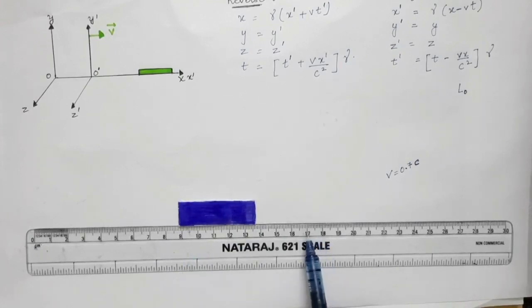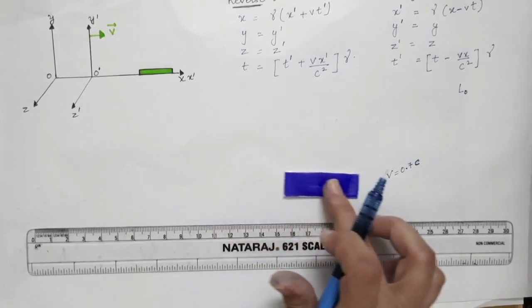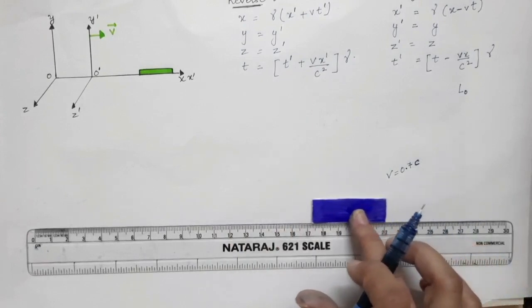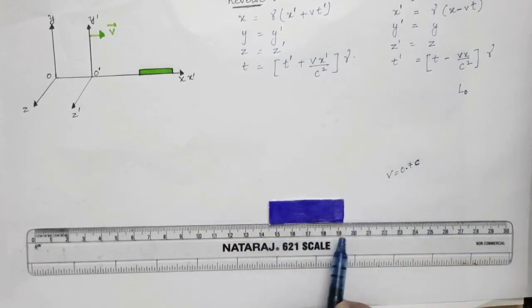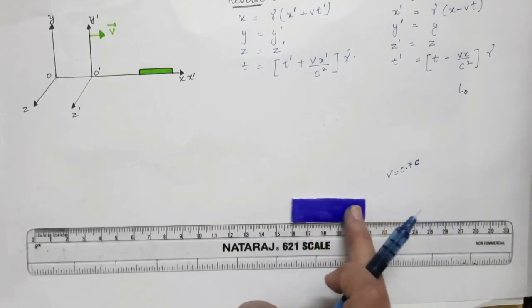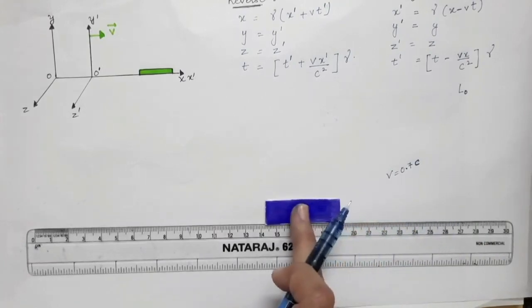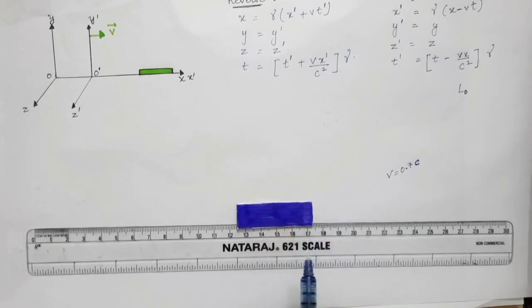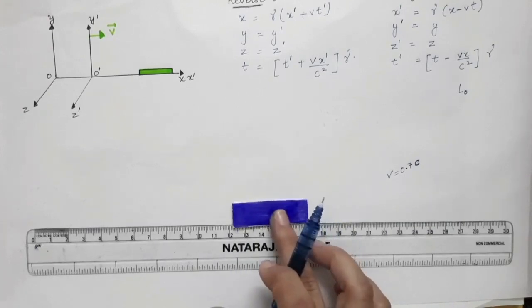Therefore you get 17 centimeters over here and 9 centimeters for the other coordinate, and the subtraction of these two coordinates will not give you the correct result. Therefore, when the object is moving, both coordinates must be measured at the same instant of time. So let's say this object is moving, and you measure this coordinate, which is 17 centimeters, and the other one is something like 12.5 centimeters.